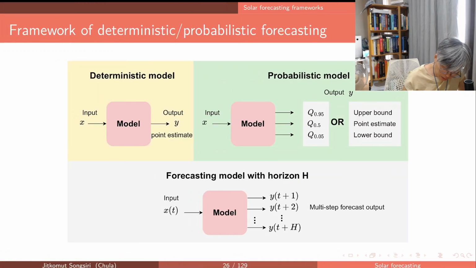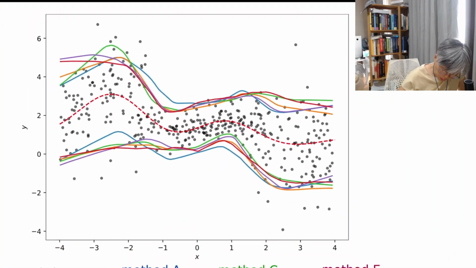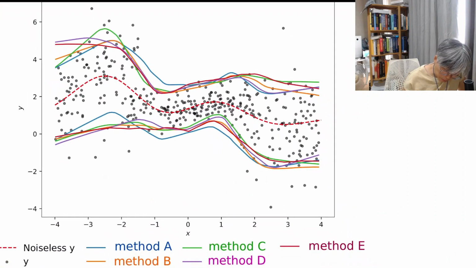This is an example of prediction interval estimation. You have different colors, which means your prediction intervals are obtained from different methods.